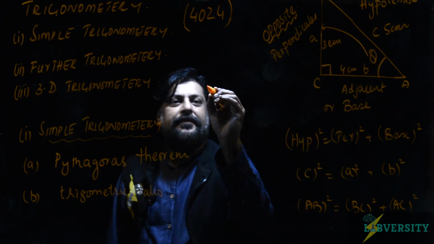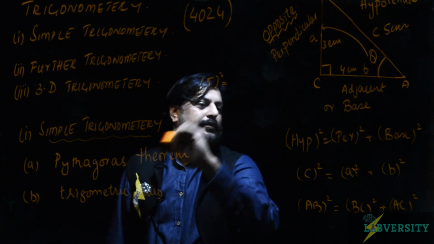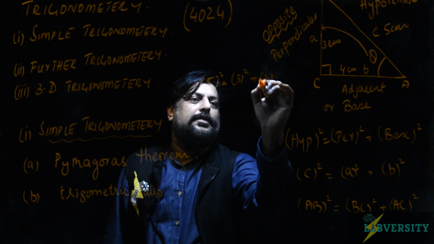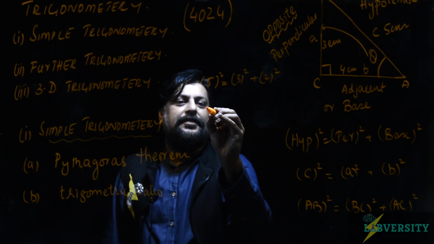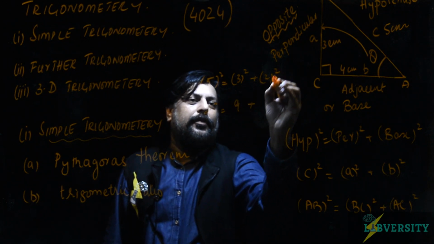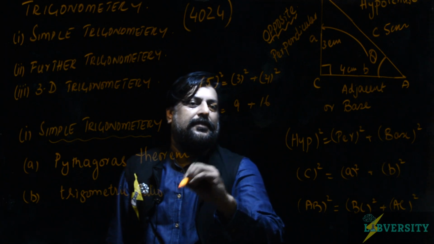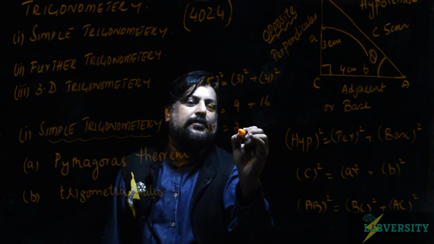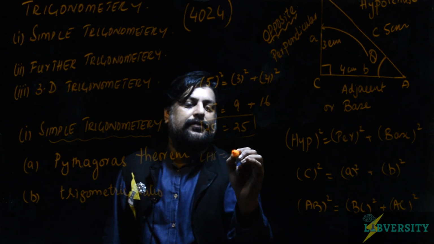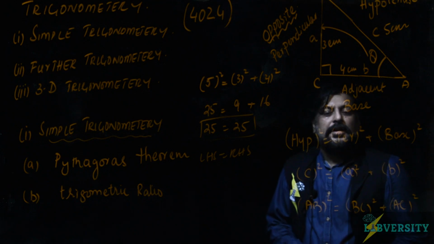Hypotenuse, which is 5 in this case, 5 square is equal to 3 square plus 4 square. 5 square is 25, 3 square is 9, 4 square is 16. So we have 25 equals 25. That means left hand side is equal to right hand side. So it follows Pythagoras theorem.